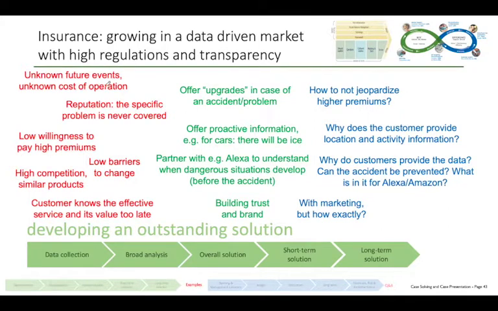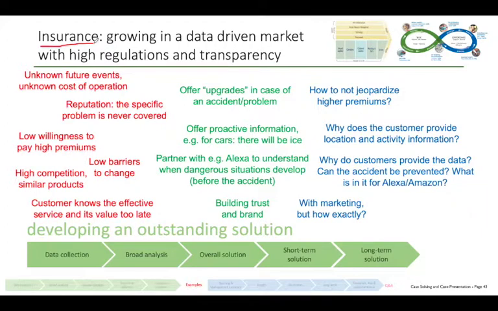Last but not least, we are looking at insurance. Yes, insurance is obviously a data-driven market, and it has a lot of regulations and transparency, mainly meaning that today customers have a lot of statistics themselves about the risk for fires and so on.